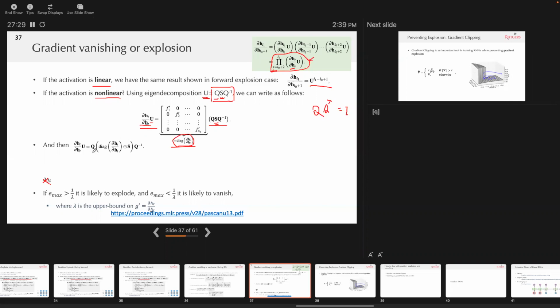By doing this, the whole thing is going to be equal to Q times this diagonal matrix, times this other diagonal matrix that contains the singular values, times Q transpose, which is Q inverse. Okay.